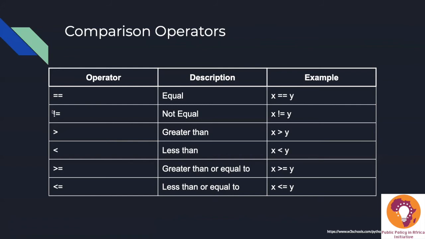Then we have the not equals, so exclamation point equals. That's evaluating whether or not they're not equal. So x not equal to y. In this case, say x is 5 and y is 6. The x equals y evaluates to false when x is 6 and y is 5, but the x not equal to y evaluates to true when x is 5 and y is 6.